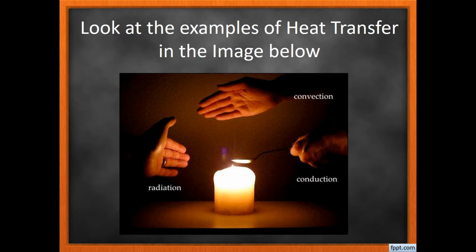So convection is the reason why if you put your hand over a fire or a candle, your hand's going to get really, really hot and probably burn. However, if you put it to the side of the candle, almost all the heat energy is going to be mostly through radiation. And if you put a spoon into the fire, you're going to feel the spoon get super hot, and that's going to be due to conduction.